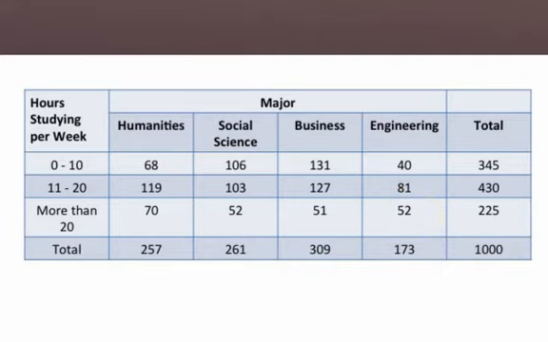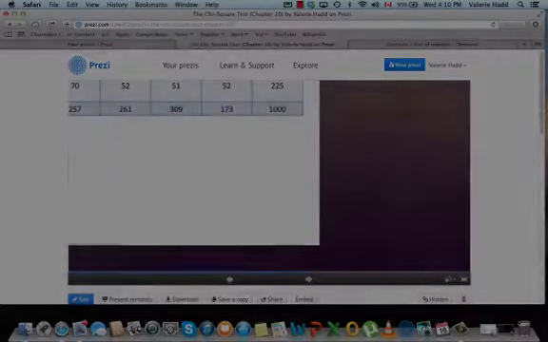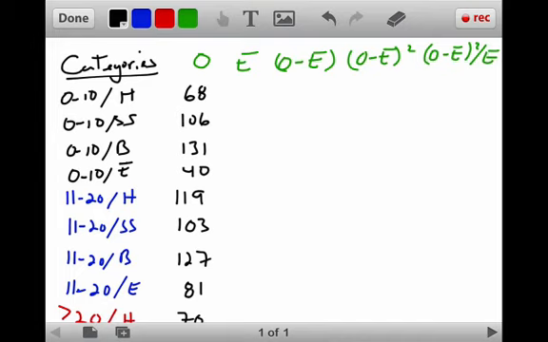Let's look at what those expected frequencies would look like. This is what I've done here. I really like to work with a table when I perform a chi-square test. This is the table that I worked with.